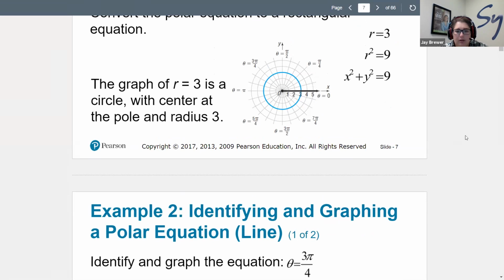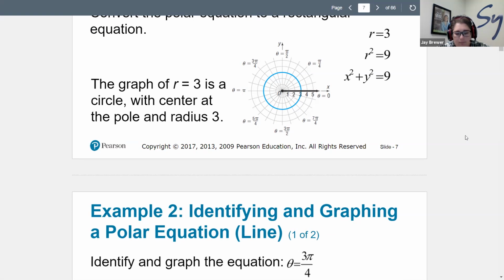The next one we're going to look at says identify and graph the equation theta = 3 pi over 4. What can we replace theta with that will help us get to a rectangular equation?